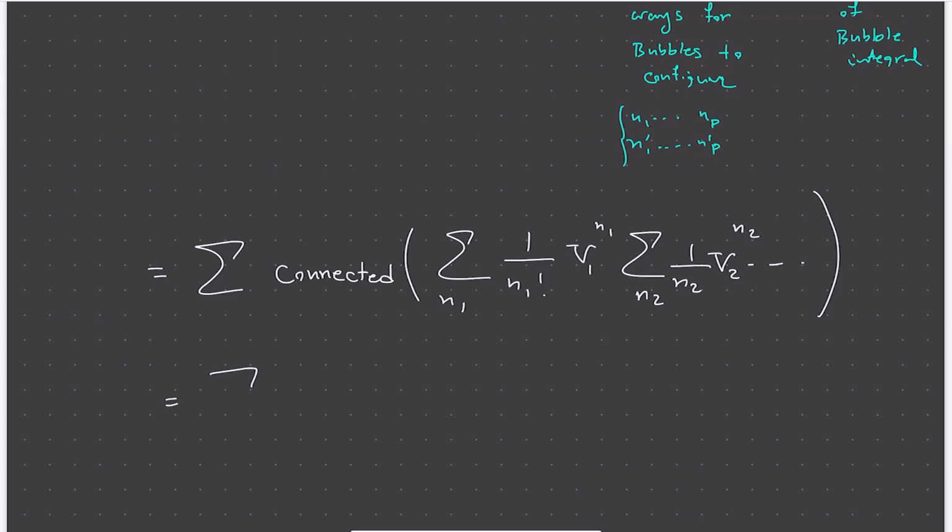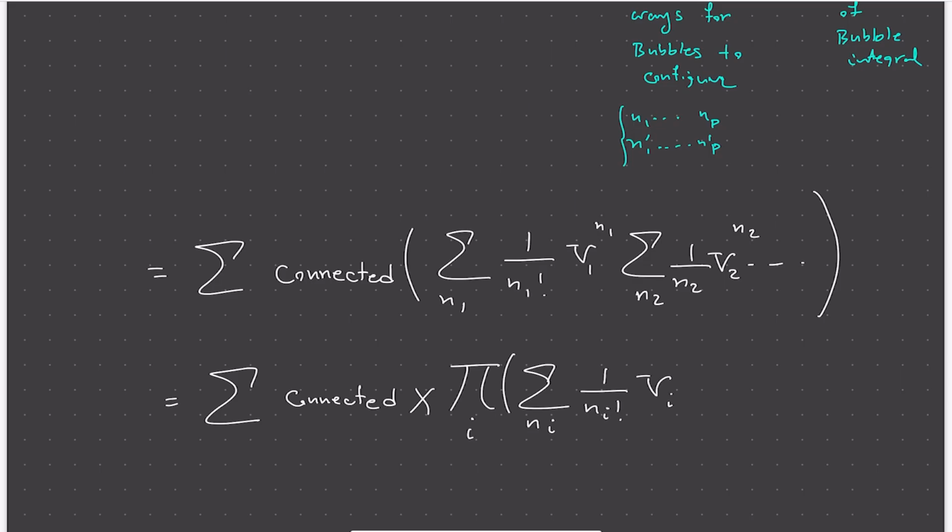So this is going to be the sum over all connected diagrams times the product over index i of the sum over all n_i of 1 over n_i factorial times V_i to the power of n_i. And this is going to be the exponential of V_i.